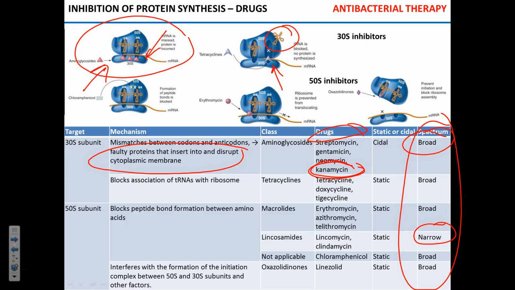Now, chloramphenicol, lincosamides like clindamycin, and macrolides like erythromycin or azithromycin, in different fashions block the actual elongation, whether they are blocking formation of the peptide bond during synthesis or translocation, the movement of the ribosome along the RNA.